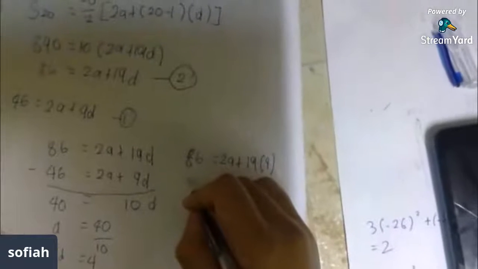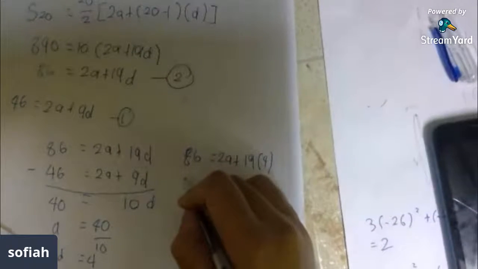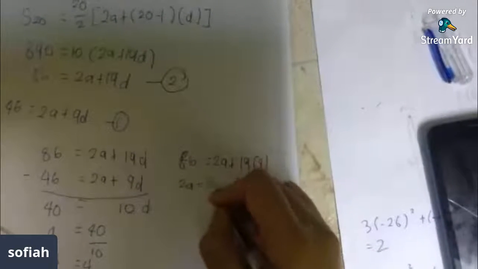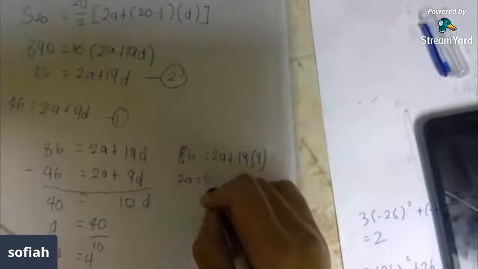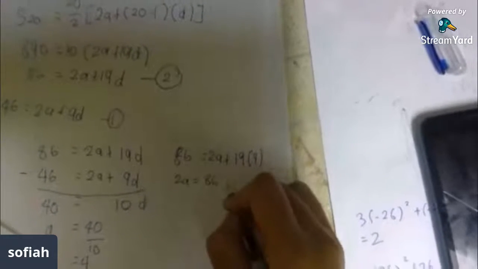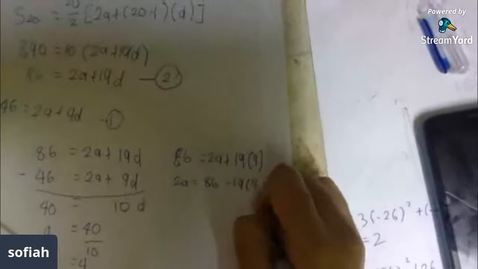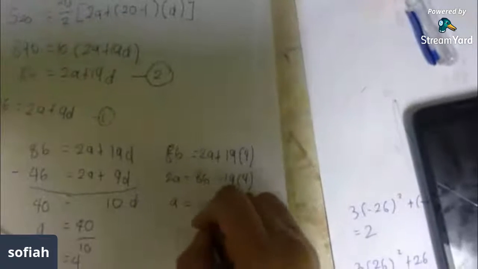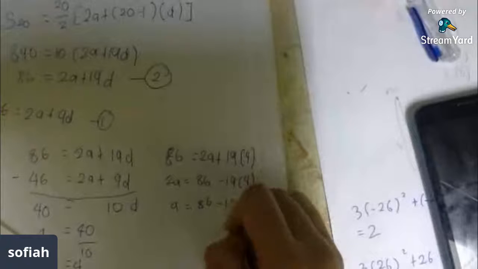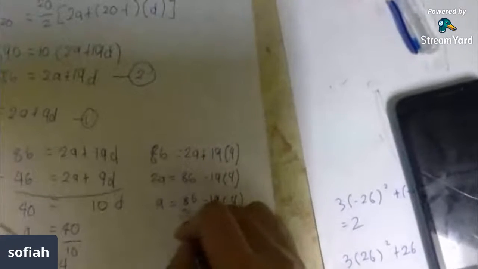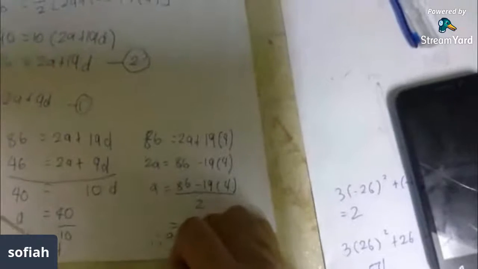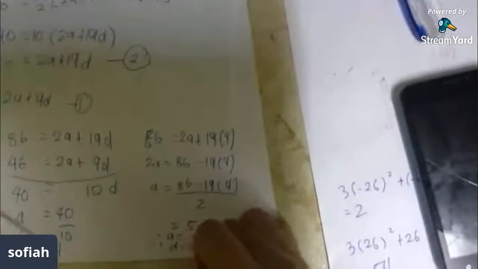So we will get 2a equals to 86 minus 19 times 4, and lastly a equals to 86 minus 19 times 4 divided by 2, and we will get a equals to 5. Therefore a equals to 5, d equals to 4.